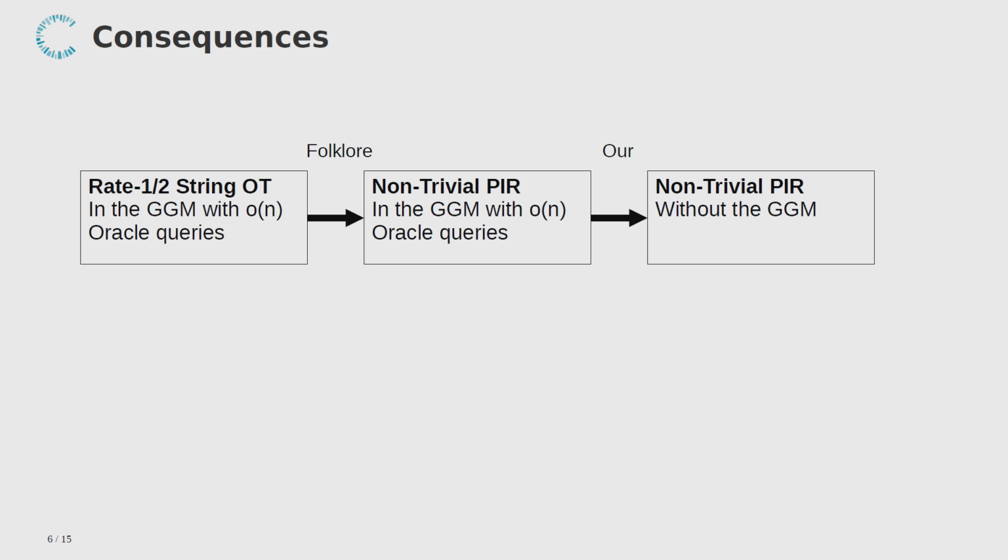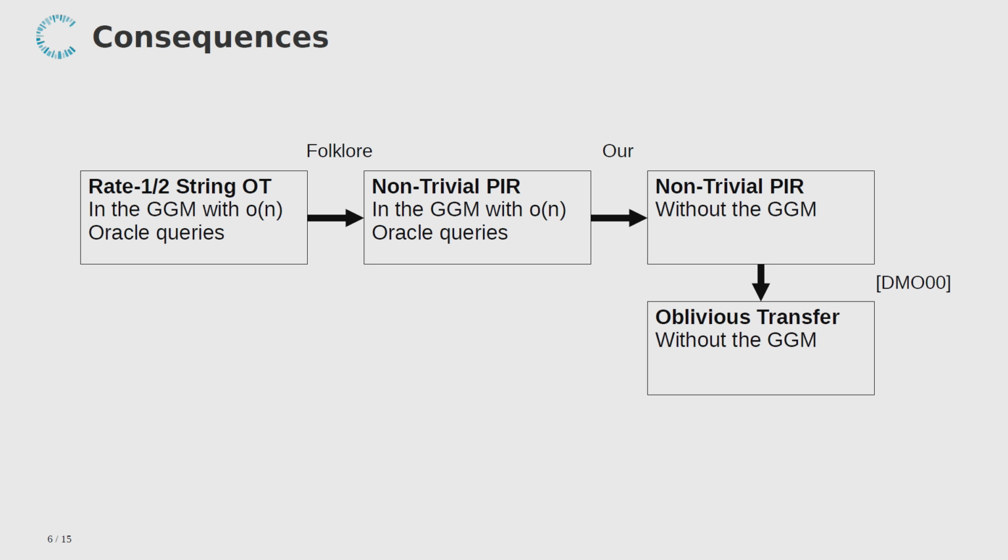Then with the previous slide, we remove the calls to the generic group model, and then via this paper, Di Crescenzo et al., turn it into an oblivious transfer again. So we removed all generic group model operations, and it is still an oblivious transfer. This is the core of everything, and now I'll slowly extend the result.